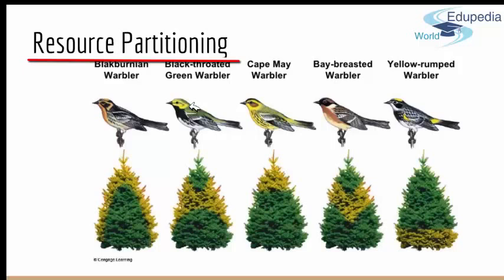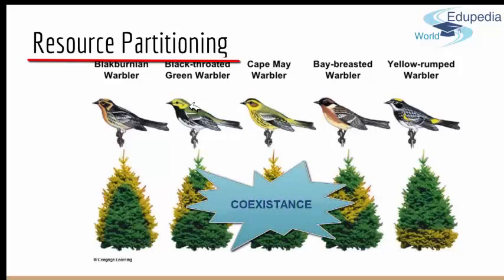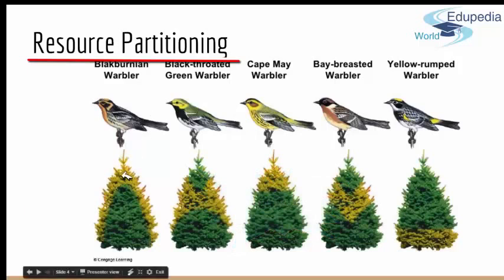And this has as a result the coexistence of these 5 different species basically surviving on a single tree, because they're occupying different niches, so basically different stairs of a single tree, so top part or middle or completely down, and so on.